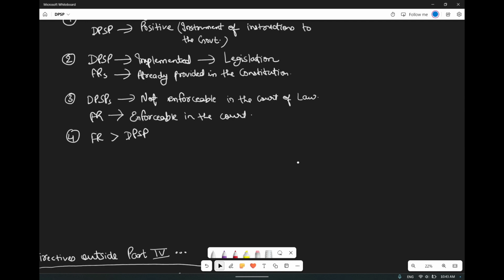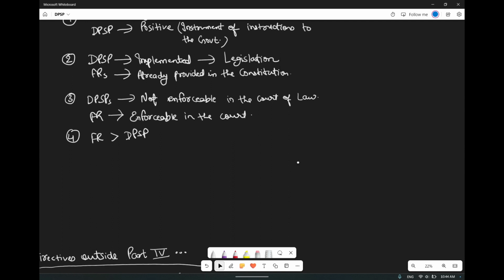If that issue goes to court and the government says we are trying to implement what is mentioned under the DPSP, even then, if your fundamental right is getting violated, that can be questioned, and the fundamental right will be given more priority than the directive principle or the law the government has implemented. In that case, that law will become null and void.